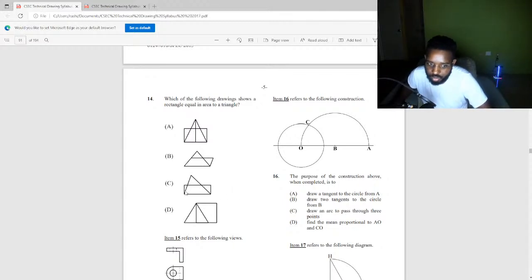But if you just look at it, first of all, this isn't a rectangle. This is a rectangle and that's a triangle, but this isn't equal area. These two pieces aren't the same area as this and this. And this is a square, not a rectangle. So the only option left is C. Yeah, 14 is C.